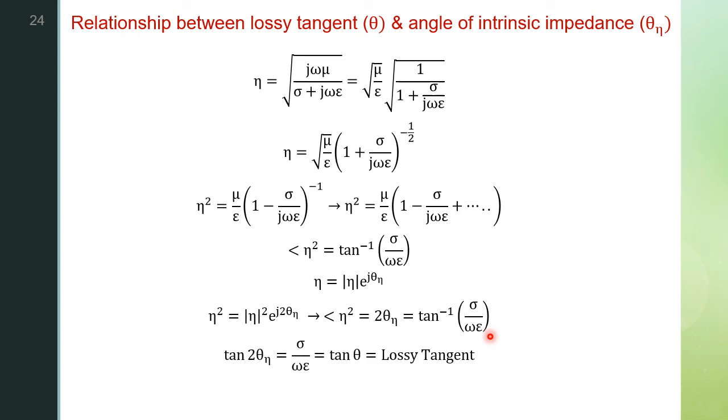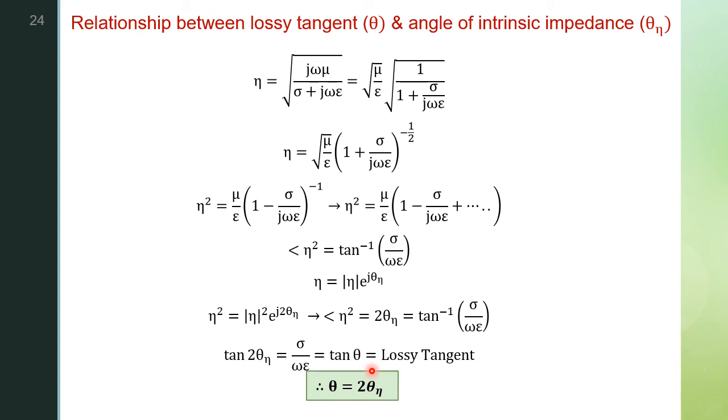So we can conclude that tan 2 theta eta is equal to sigma by omega epsilon, which is already equal to tan theta, the loss tangent. Hence, we can conclude that theta is equal to 2 theta eta, where theta is the loss tangent angle and theta eta is the angle of intrinsic impedance.